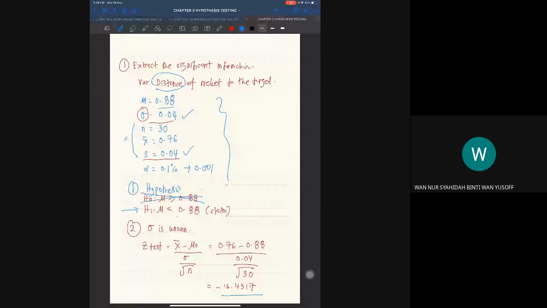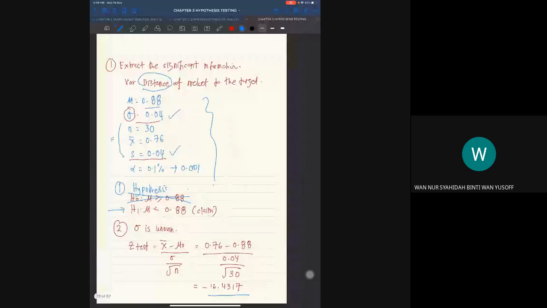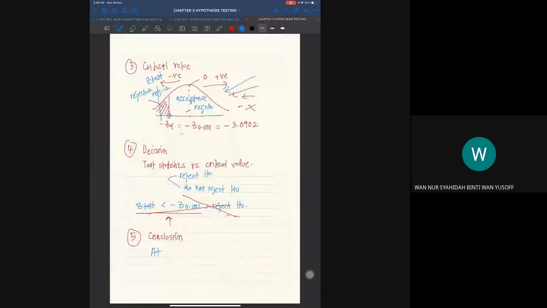You can write that in your conclusion, because the proper way is to discuss what happened to the claim. Alpha is very important in your conclusion and compulsory to write, because if we change the alpha, the critical value will be different and the decision could be different. So this conclusion is only valid for alpha 0.001.